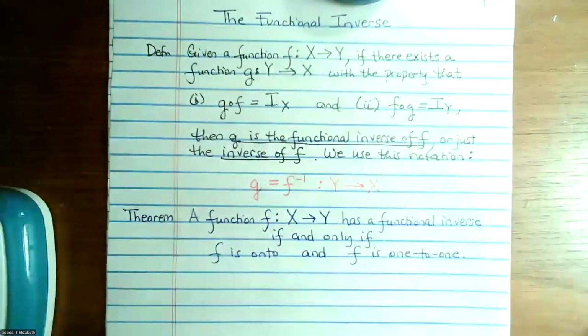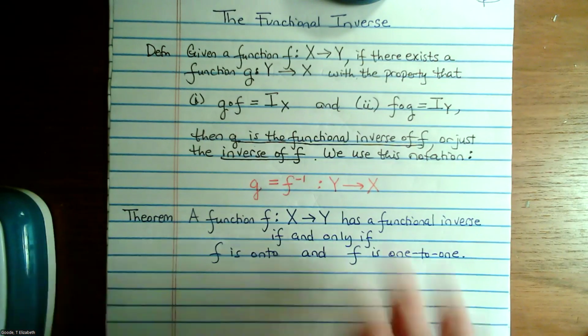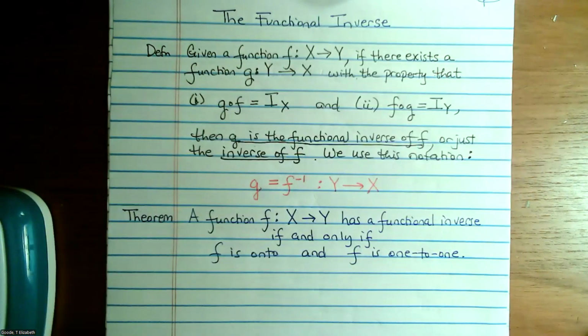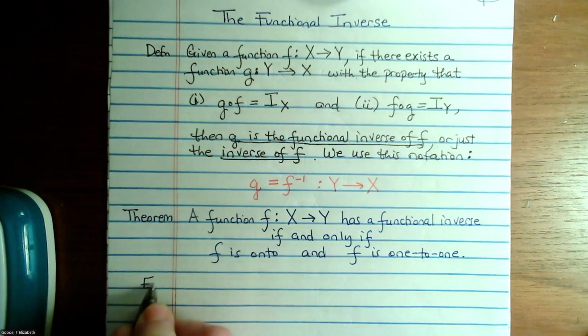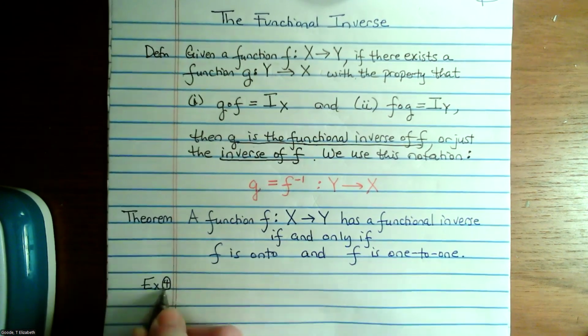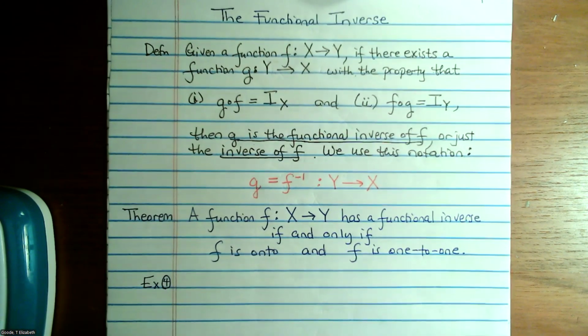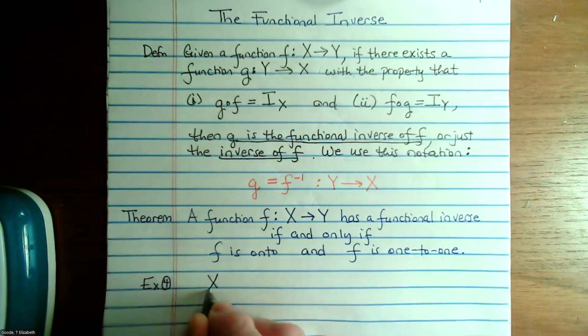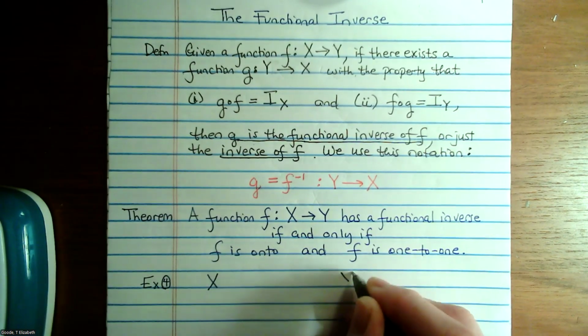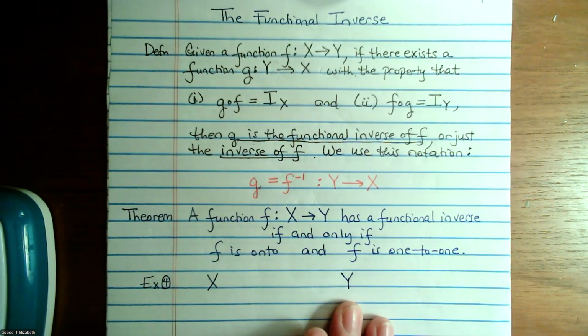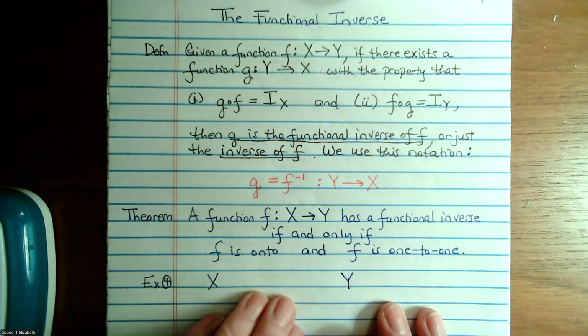Now, based on what we just reviewed from the day 23 example 7, if we want to build an example of a function f from an X to a Y, and we're going to want that function to have a functional inverse, what are we going to have to do about X and Y?